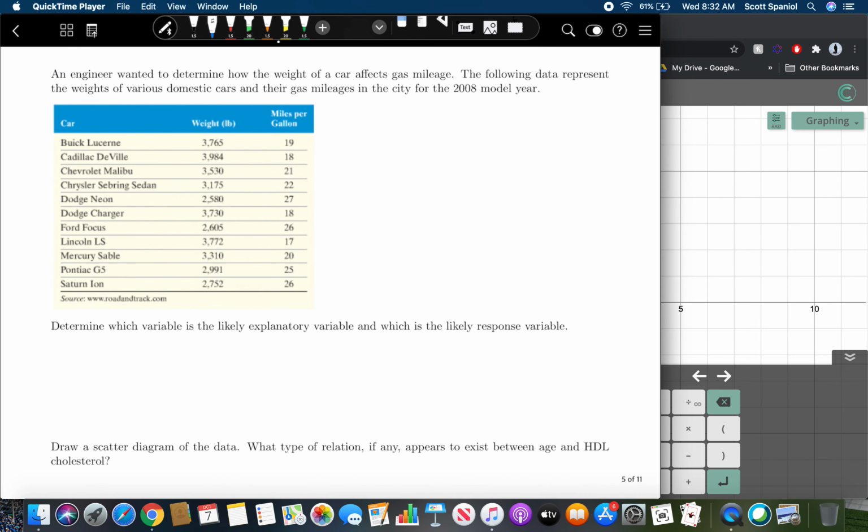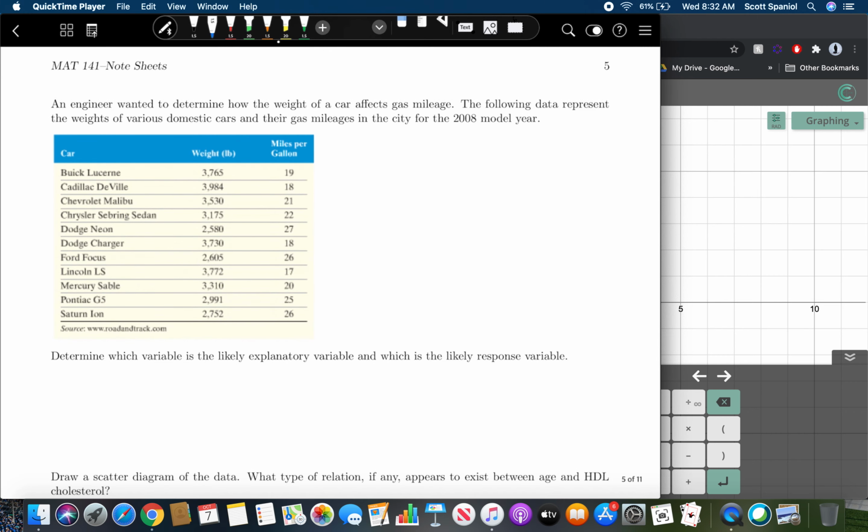So let's go ahead and practice this using our calculator. An engineer wanted to determine how the weight of a car affects gas mileage. The following data represent the weights of various domestic cars and their gas mileage in the city for the 2008 model year. So we've got different cars, their weight, and their miles per gallon. Determine which variable is likely the explanatory variable and which is likely the response variable.